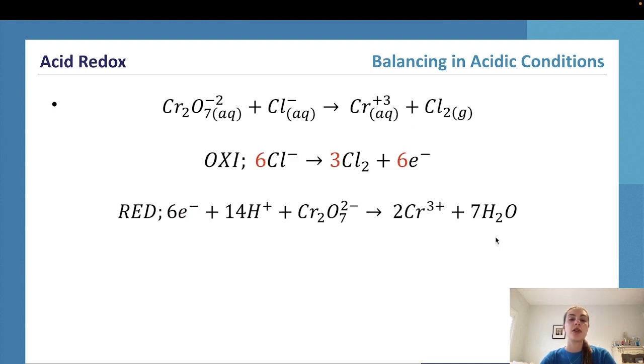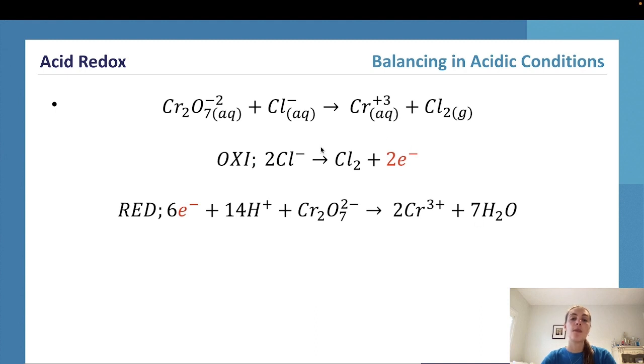The next thing we need to do is make sure that the reactions are balanced in terms of their transference of electrons. As we saw before, the oxidation has a transference of 2 electrons, whilst the reduction has a transference of 6 electrons. So in order to make that equal, we need to multiply our oxidation reaction by 3 so that it has the same transference of electrons as the reduction reaction, remembering that the oxidation is going to lose electrons to donate to the reduction reaction.